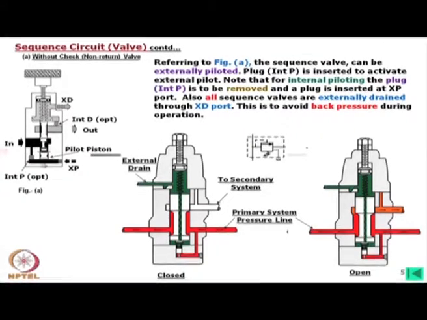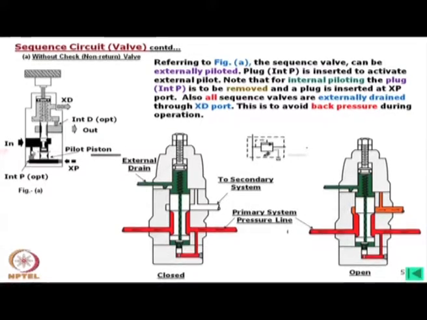Then oil will come here, again we will find this side balanced, and there is a very small passage. This is not very clear, but if we allow oil from this side also, it will be balanced and will not move.